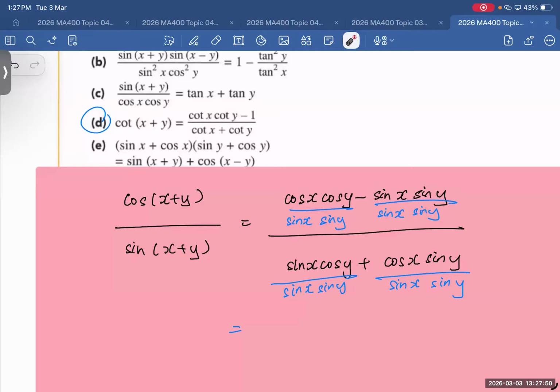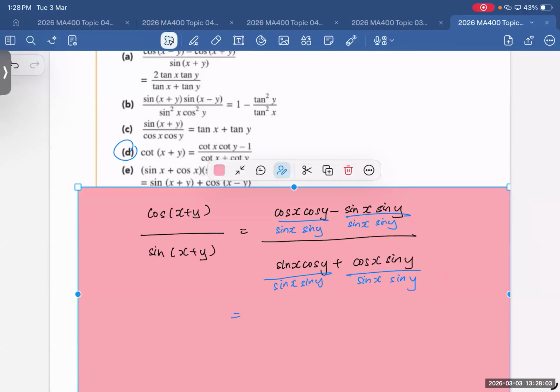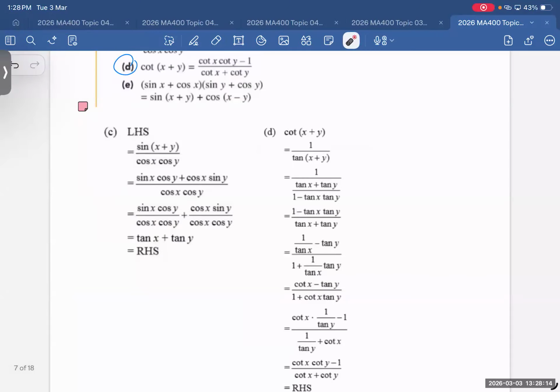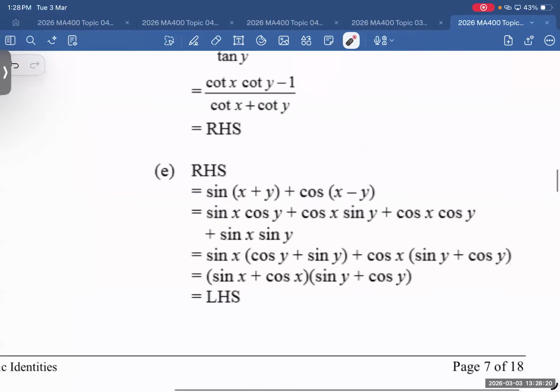Never even calculator. Over 6.65 only. Okay, E is okay. Is E okay? E is okay, right?